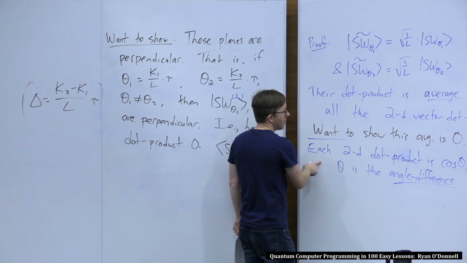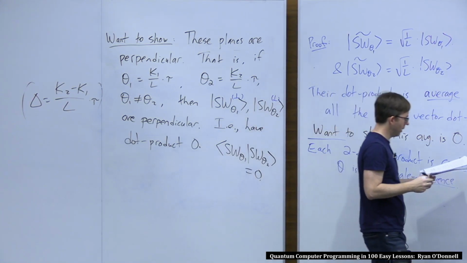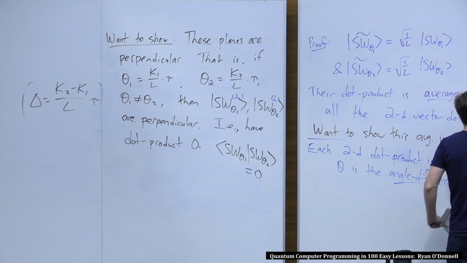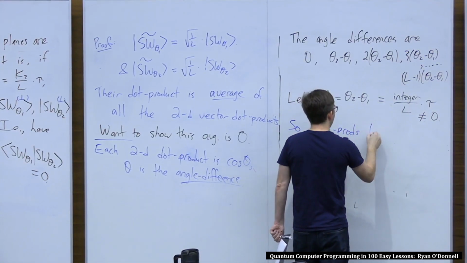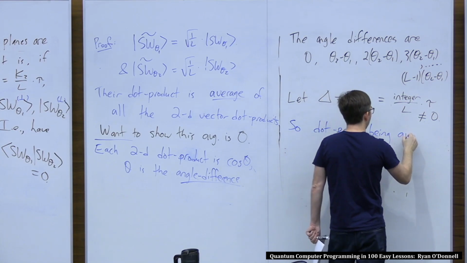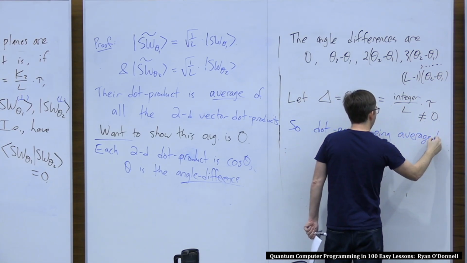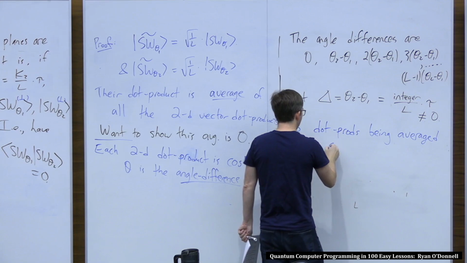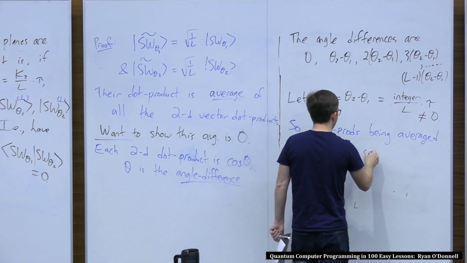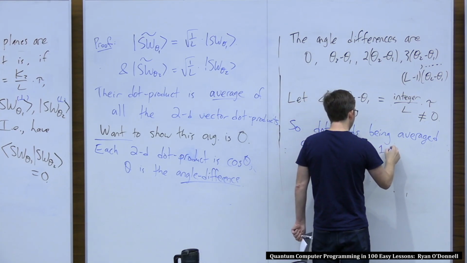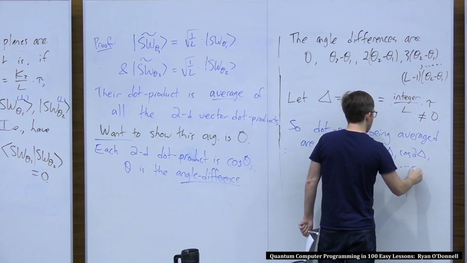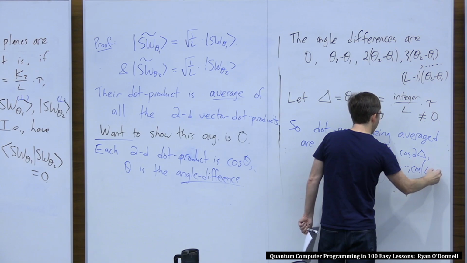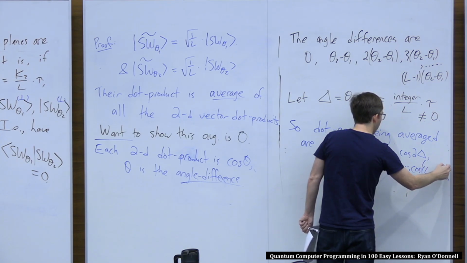So the dot products that we're averaging are the cosines of these. So the dot products being averaged are cosine of 0, cosine of 1 delta, cosine of 2 delta, dot, dot, dot, cosine of L minus 1 delta.